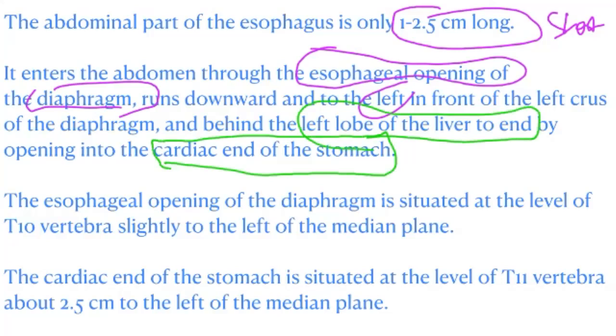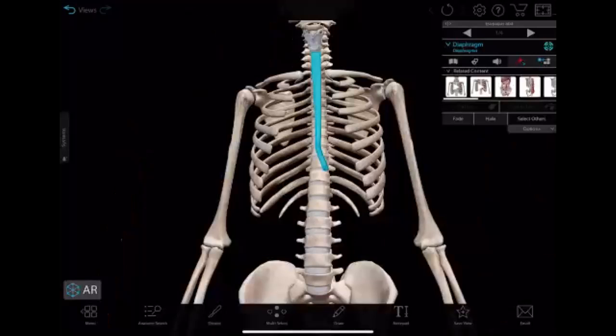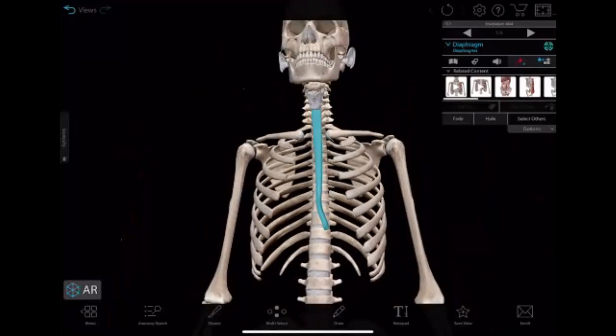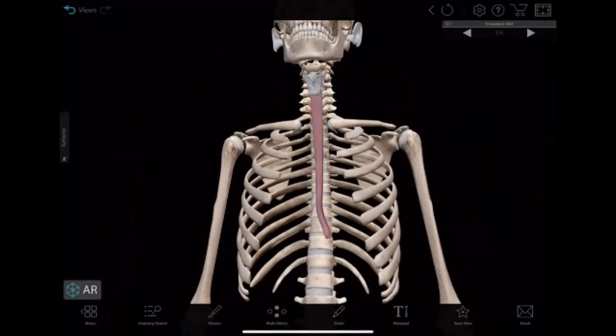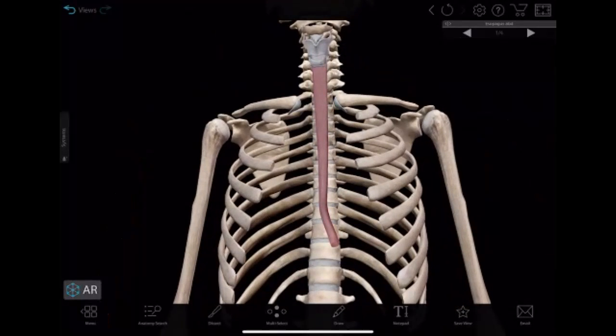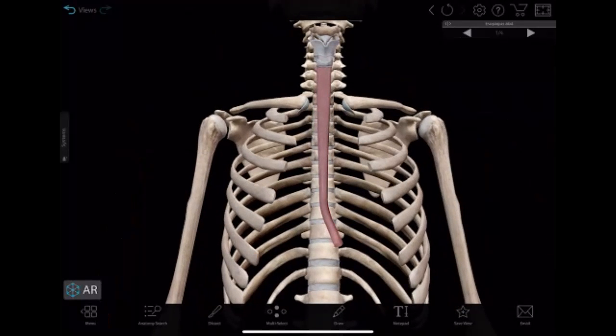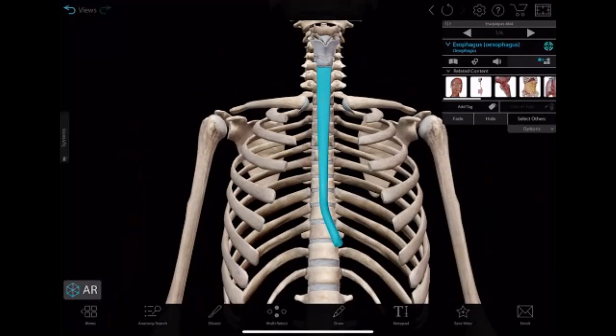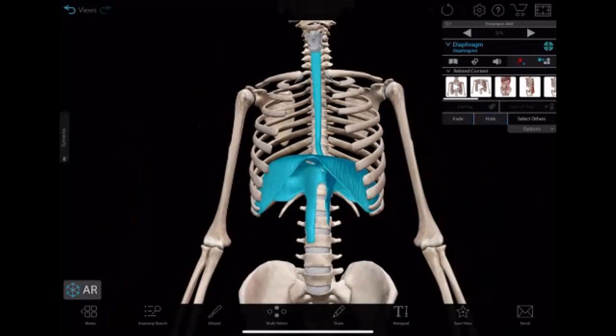We have the left lobe of the liver, left crus, esophageal opening and all. We'll see. You see, this is the esophagus.